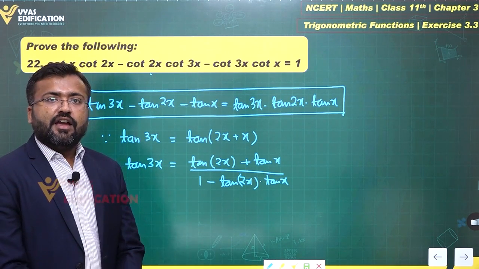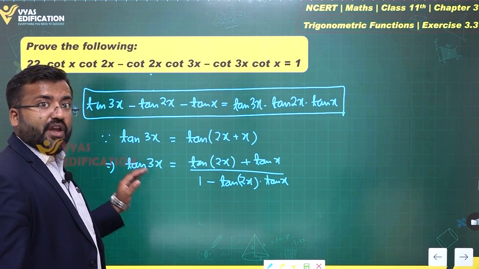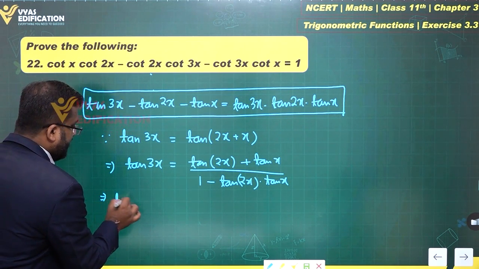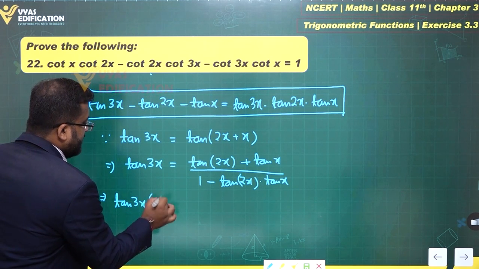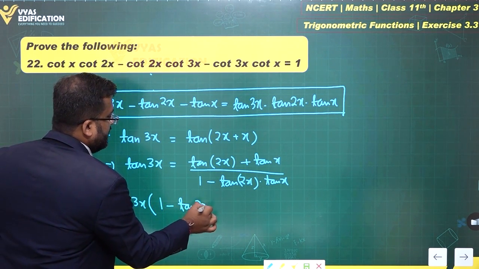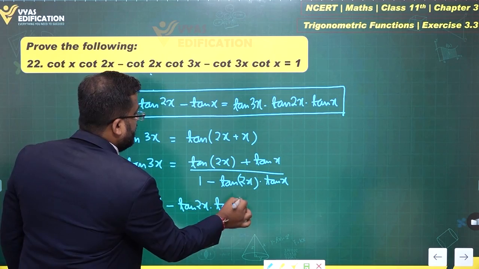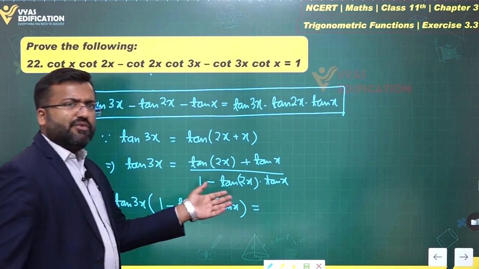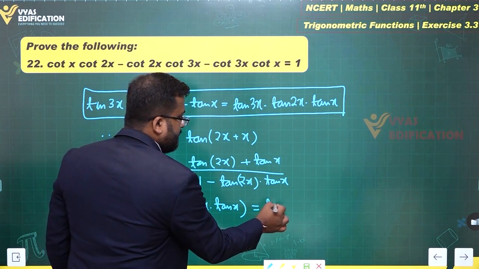What next? Let's cross multiply this. Okay, let's bring this denominator over here. This will come in the product, and tan 3x times 1 minus tan 2x tan x, this is the denominator over here. What about the RHS? RHS will be tan 2x plus tan x.